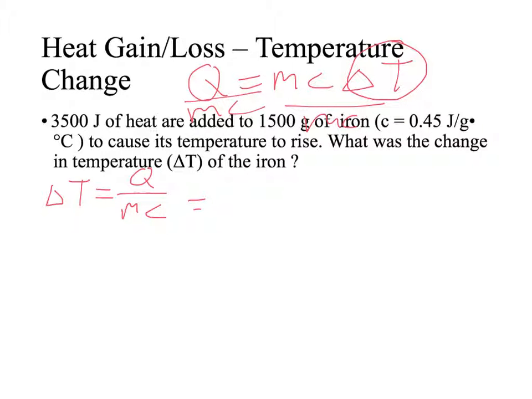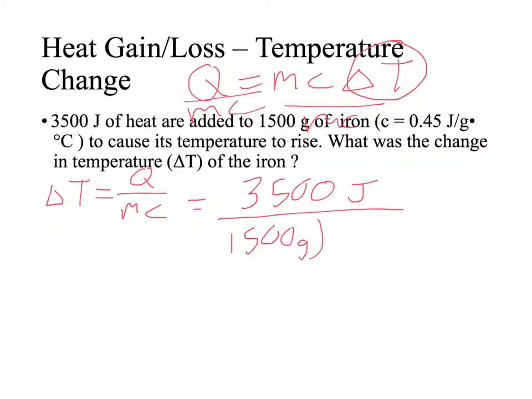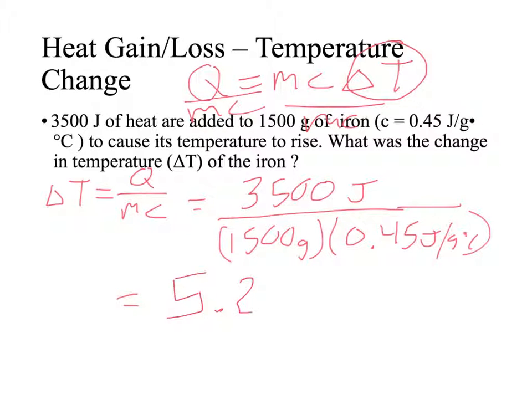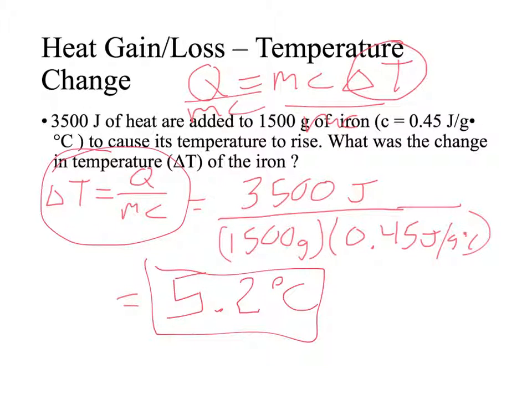So it's going to be equal to the 3,500 joules divided by 1,500 grams of iron, and also divided by the specific heat capacity of iron, which is 0.45 joules per gram degree Celsius. And I can do this math, and I get about 5.18 or 5.2 degrees Celsius. So all we did was we took Q equals mc delta T and solved it for delta T.